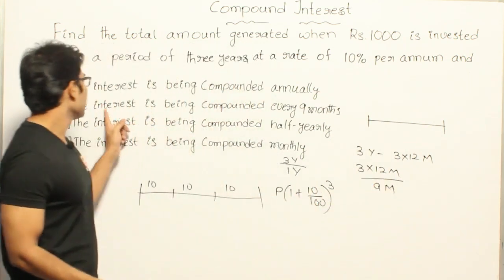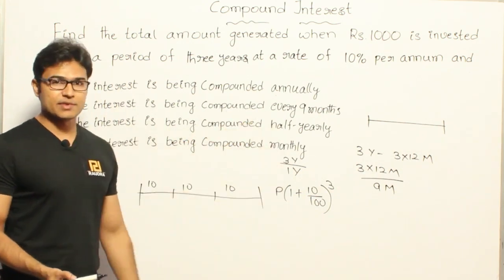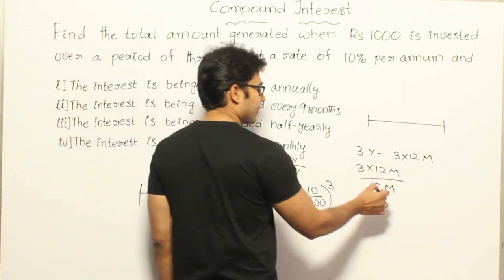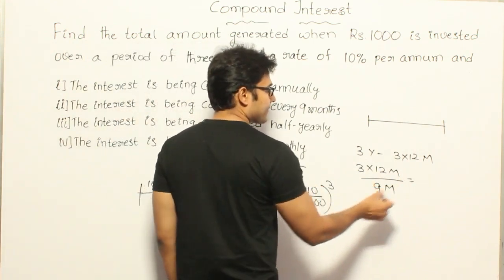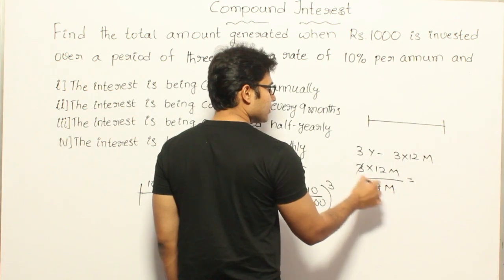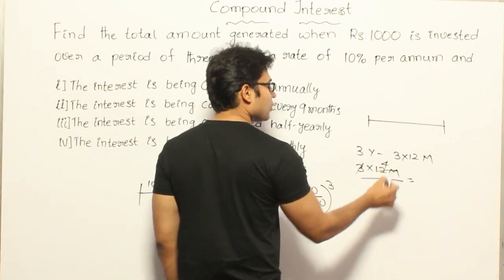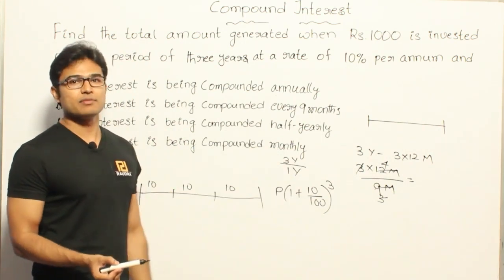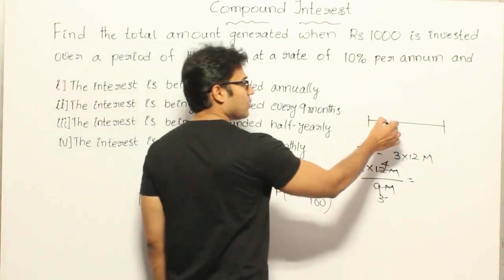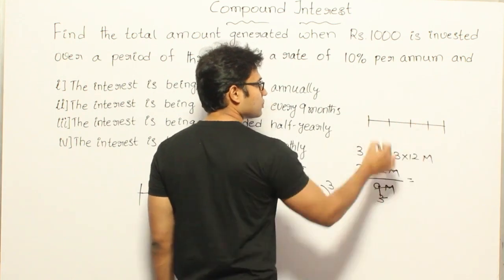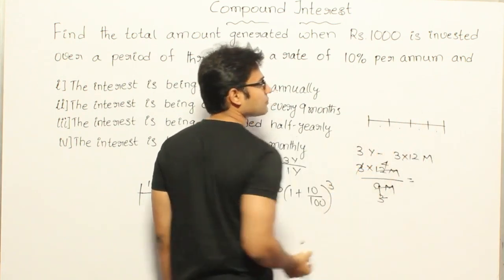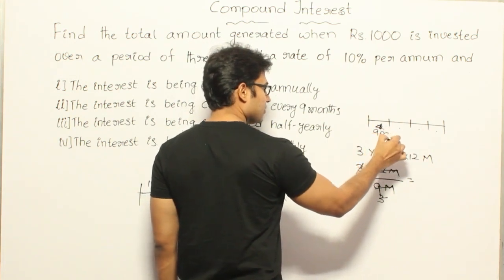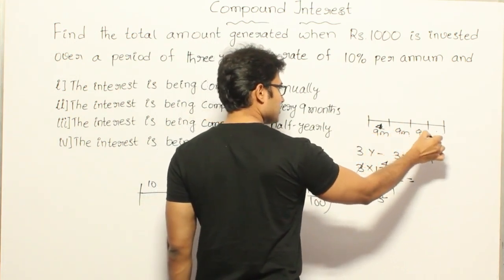Why? Because the interest is being compounded every 9 months, that is given. Now what is this entire amount going to be? 36 by 9 is 4. Therefore 3 years I can split into 4 parts, each of 9 months. Therefore 1 2 3 4, so 4 slots. So each one is 9 months, 9 months, 9 months, 9 months.